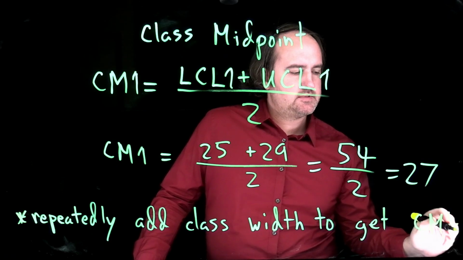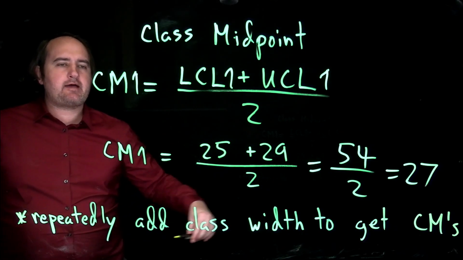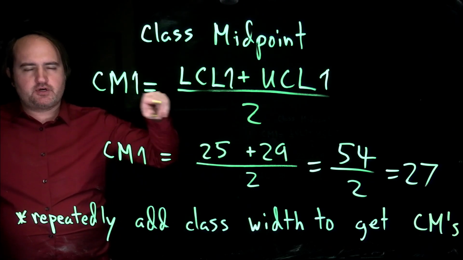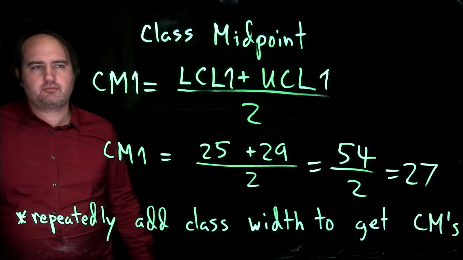I'll just write CMs. Okay, so you repeatedly add the class width to this first class midpoint to get all the other class midpoints.